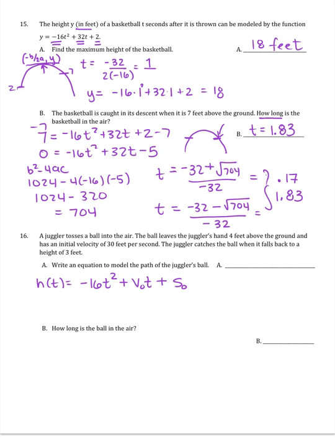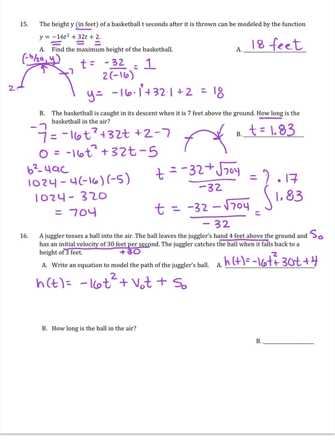So the juggler tosses a ball in the air and it leaves the juggler's hand at 4 feet, that is going to be your initial height, with an initial velocity of 30 feet. Since it's going up, that's going to be a positive 30. So your equation is going to look like this: -16t squared plus 30t plus 4, the initial height.